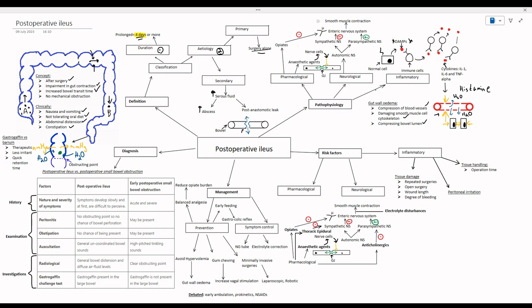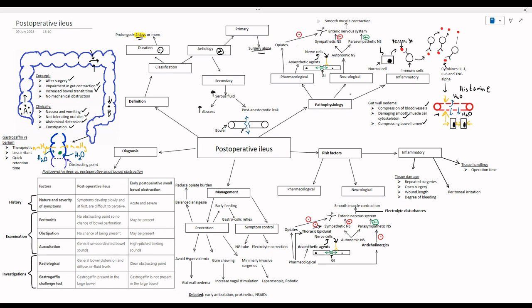Now let's talk about some of the neurological mechanisms. So if we start with the autonomic nervous system. The autonomic nervous system is split into the sympathetic nervous system and the parasympathetic nervous system. The parasympathetic nervous system exerts a positive force on the enteric nervous system to stimulate smooth muscle contraction, whereas the sympathetic nervous system exerts an inhibitory force which causes smooth muscle relaxation.